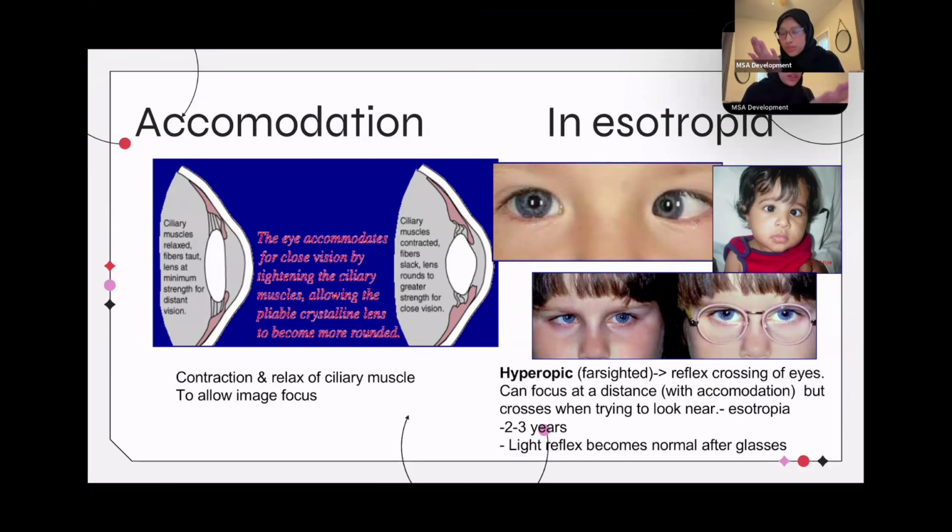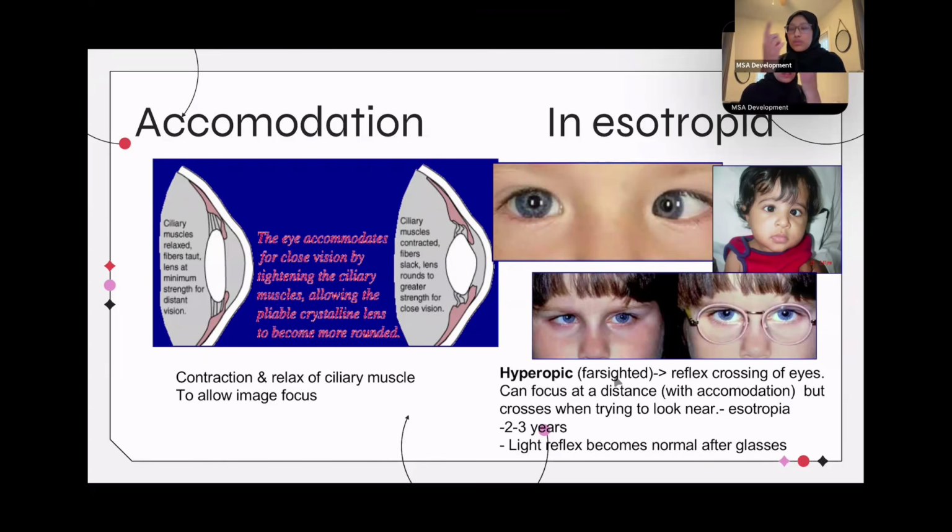But when they bring newspapers or something close, it becomes blurry. That is hyperopia. So I like to remember this difference by saying I am myopic, which means I cannot see far, but someone who can see far is called hyperopic. So that is something you can remember. Hyperopic is farsightedness. They can see far.